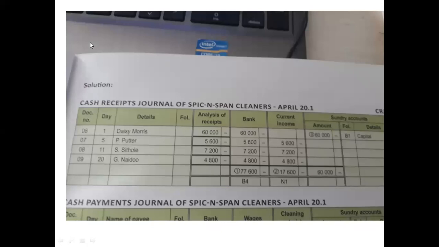Then you will see a small FOL, which stands for folio column. You don't work with that in grade 8. Don't stress about that one, ignore it. Then you have your analysis of receipts: your bank, your current income, and your sundry accounts. With a CRJ, those are the headings that you have. That doesn't change. It stays the same.